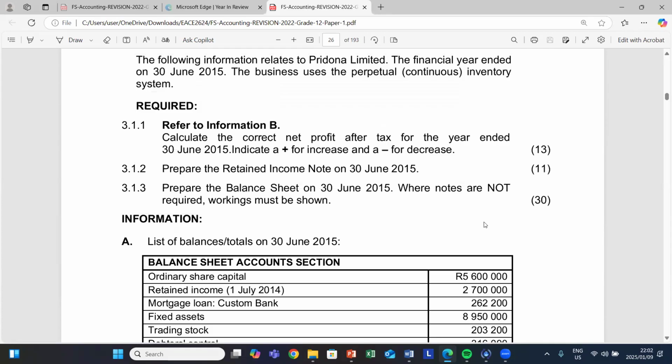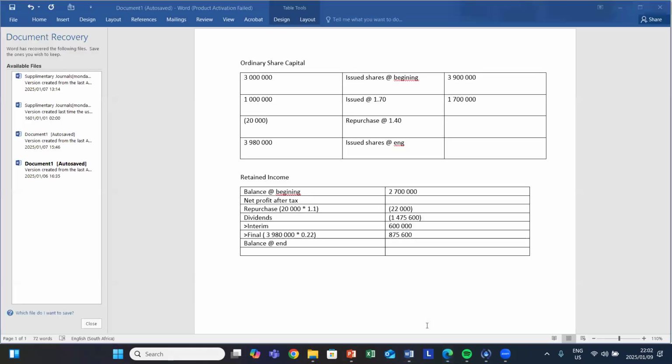So then the net profit after tax amounted to how much? They amounted to 1,750,000. That was the answer. So that was the first question which was assessed. So we already did it. We are on the second question whereby we have to do our retained income. So net profit after tax amounted to 1,750,000 rand.